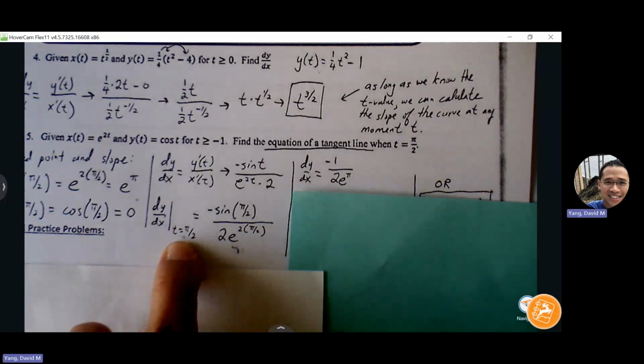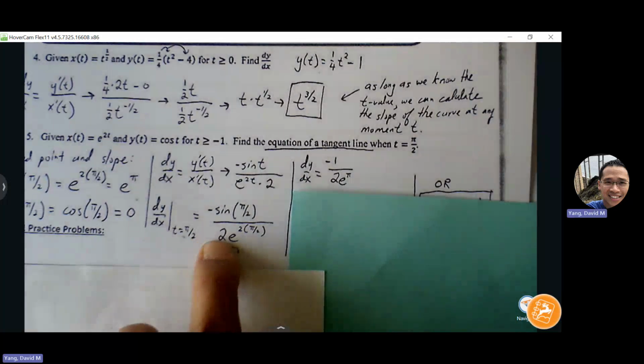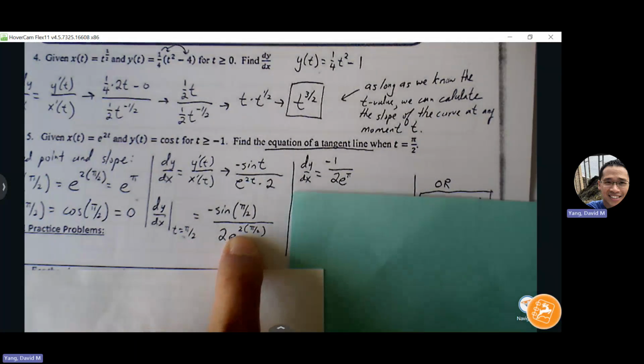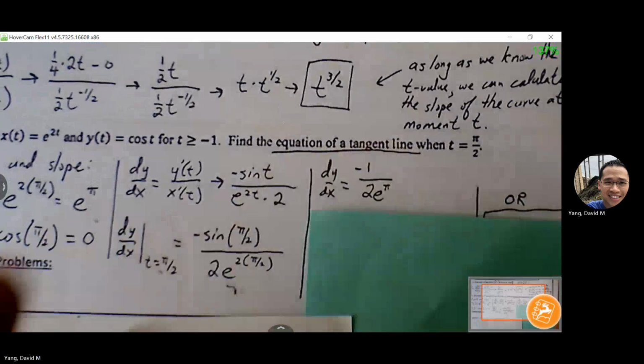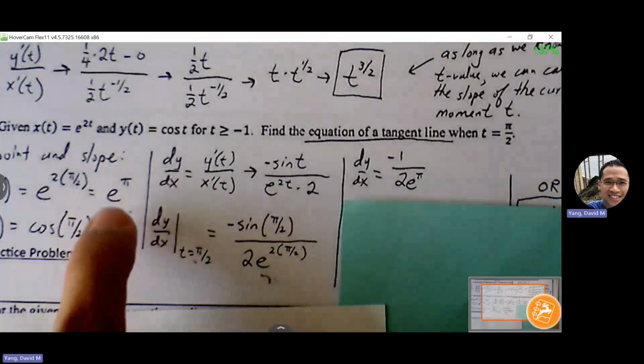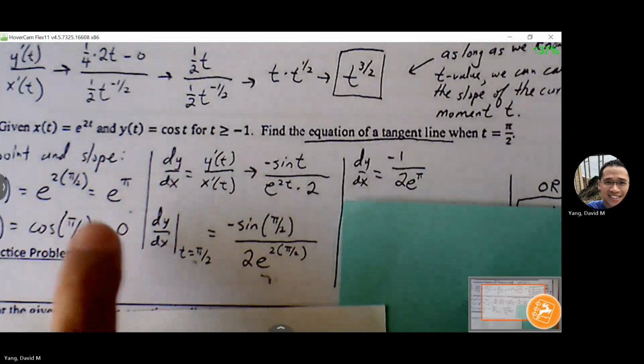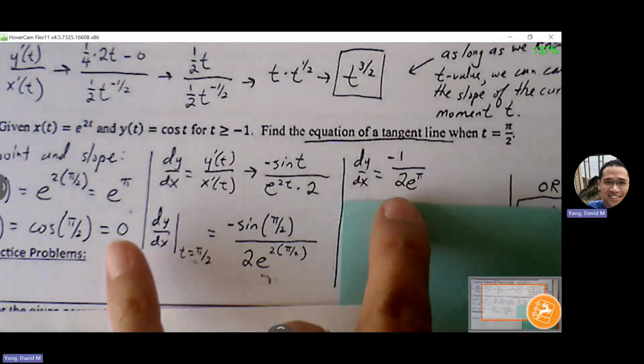Negative sine of pi over 2 is -1. 2e to the 2 times pi over 2. That's going to be 2e to the pi. So there's my slope. There's my ordered pair. Point slope form to get the tangent line equation.